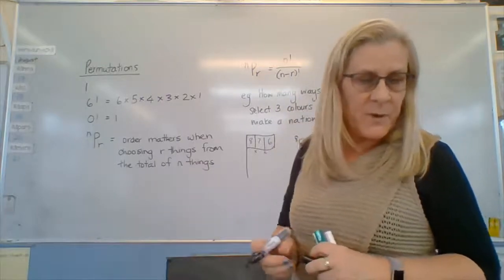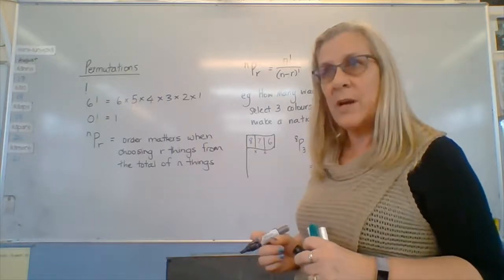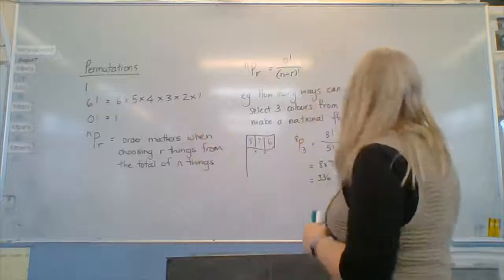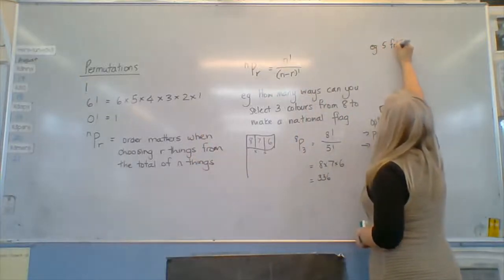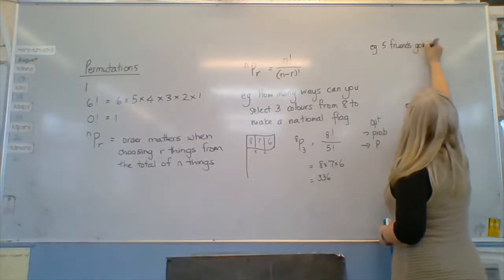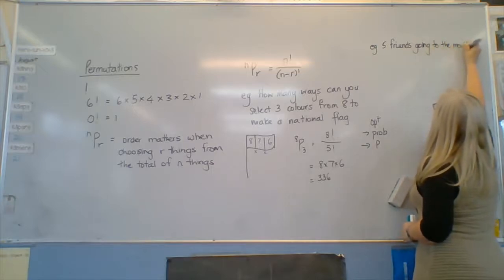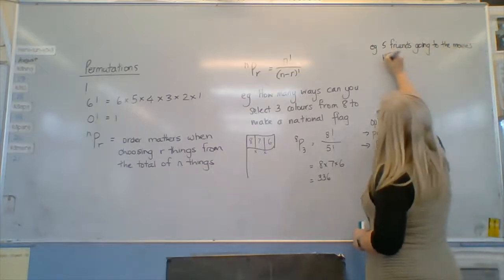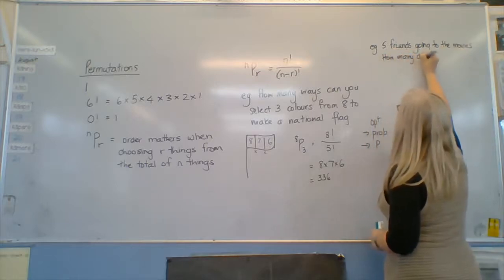So, what if we've got 5 friends going to the movies? How many different ways can they sit?